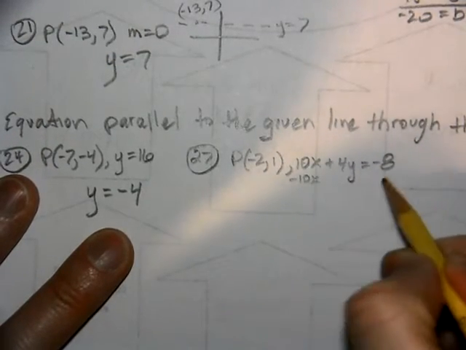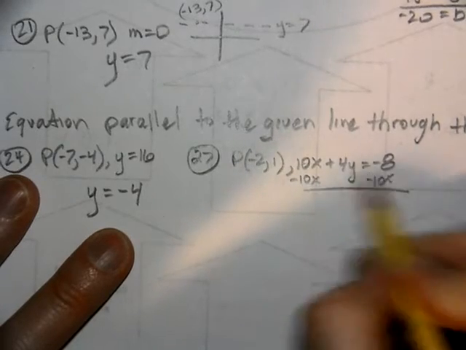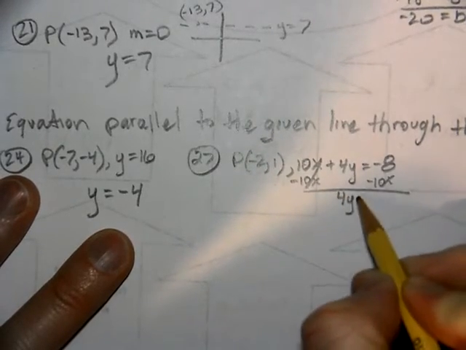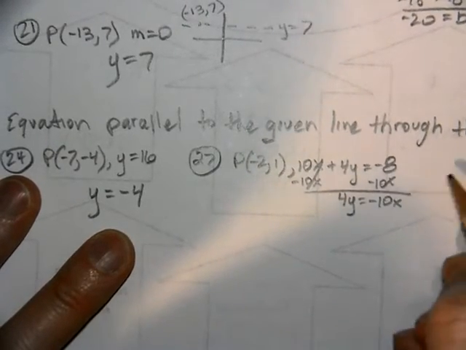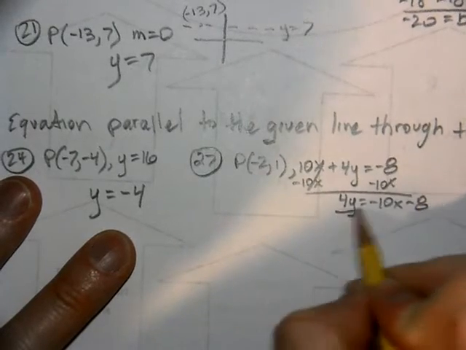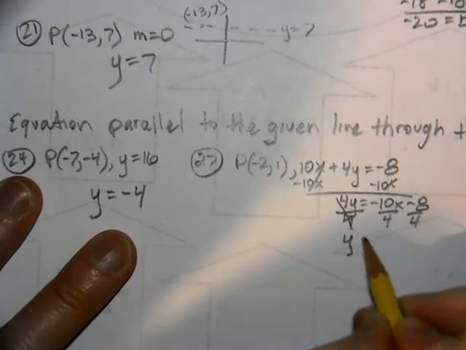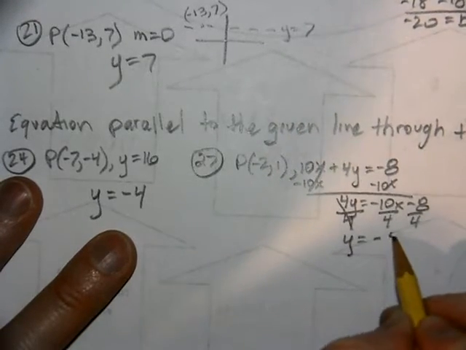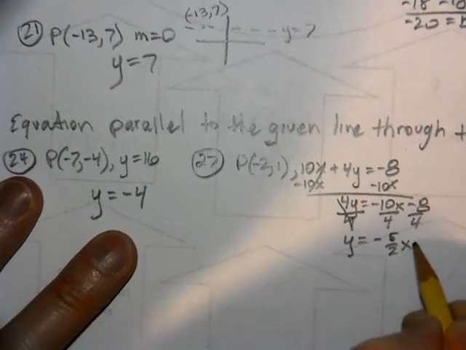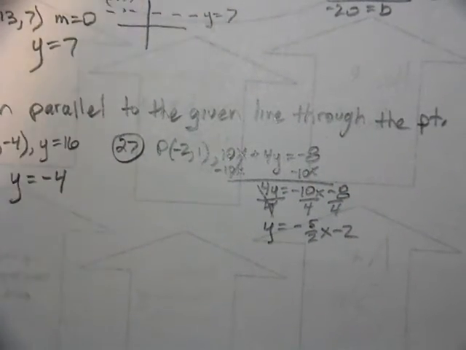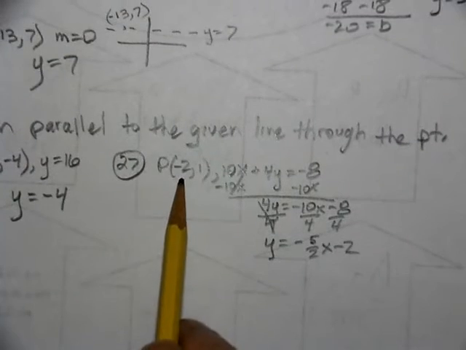So we'll subtract the 10x to the other side to get 4y equals negative 10x minus 8. Divide by the 4. So now we're going to have negative 5 halves x minus 2. That's the line. We want to be parallel to that, but through this point.